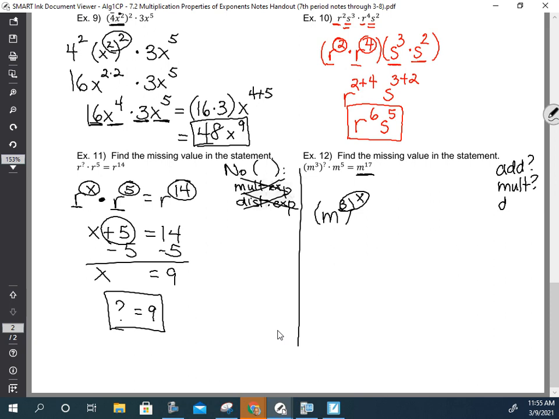Or am I going to distribute them? Think about your properties. Let's multiply. So we multiply those together. So you have m to the 3x times m to the 5th equals m to the 17th.